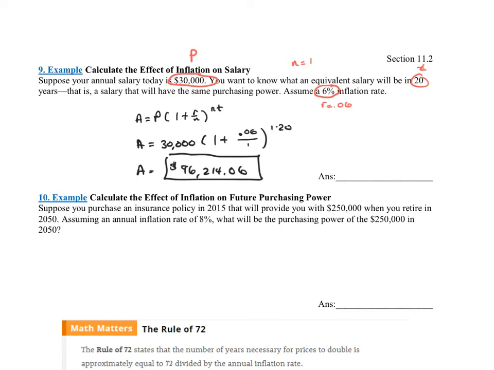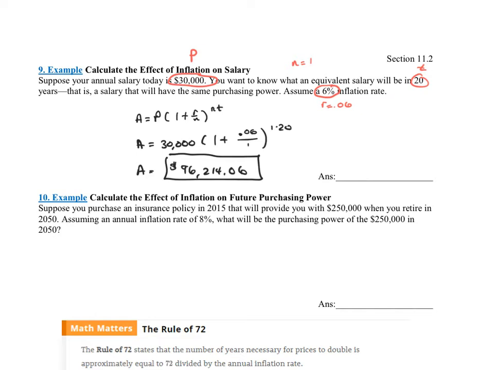So if you had an inflation rate of 6% every single year, which is not possible, would not happen, 20 years from now your salary would have to be $96,000 to buy the same as a $30,000 salary today.